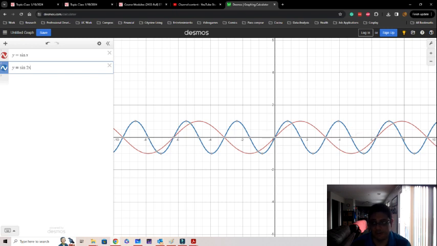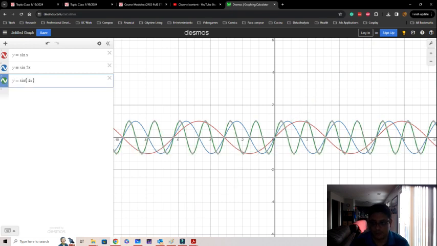But now this is going to complete a full turn twice as fast, so it completes a full period in pi. I can do this faster if I increase the speed. For example, if I do 4x, you can see this is 4 times quicker, and now it only needs pi half to complete a full rotation.